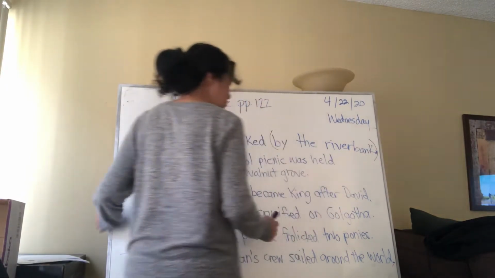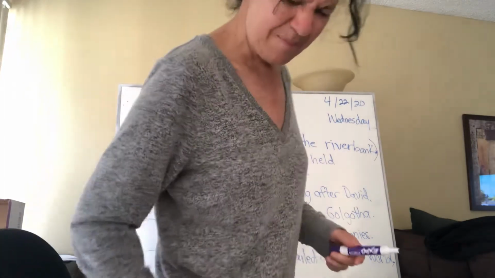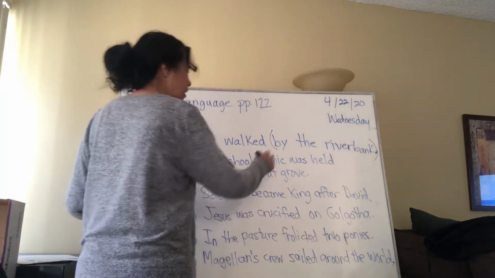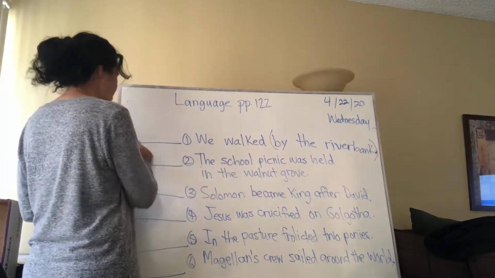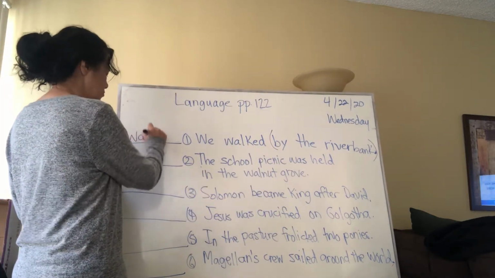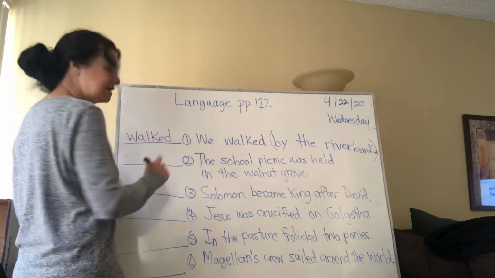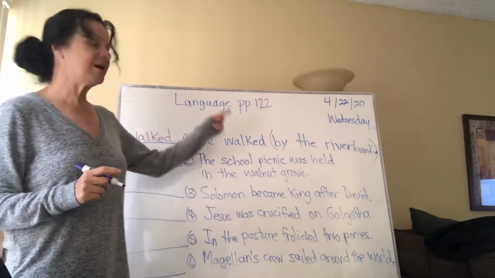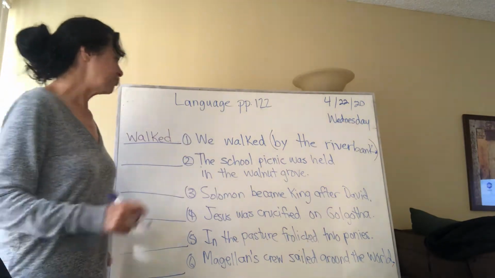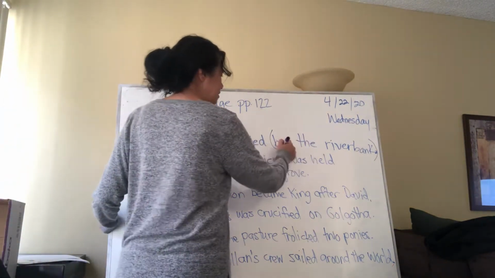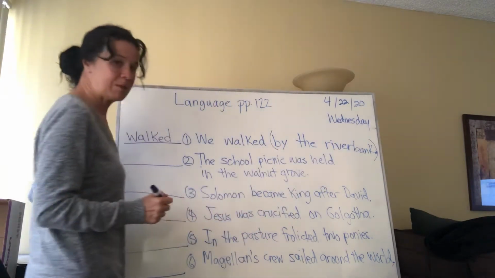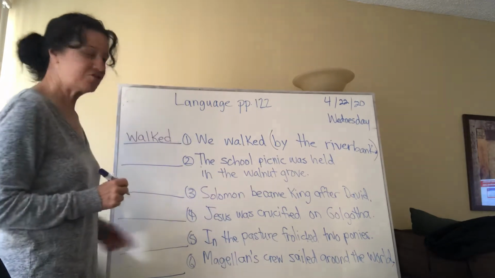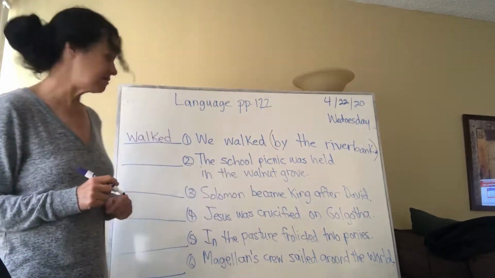All right, and that's our prepositional phrase, and it's giving us details about the verb walked. So you write walked in the blank. Like I said, it's exactly like what we did yesterday, except today we are identifying verbs. Okay, so we walk by the riverbank. By the riverbank is our prepositional phrase, giving us details about the verb walked. So it's used as an adverb in this sentence.